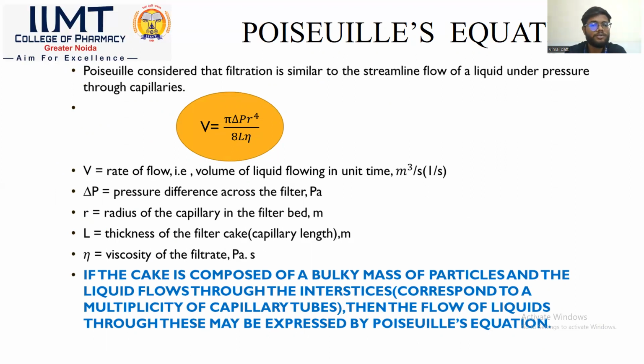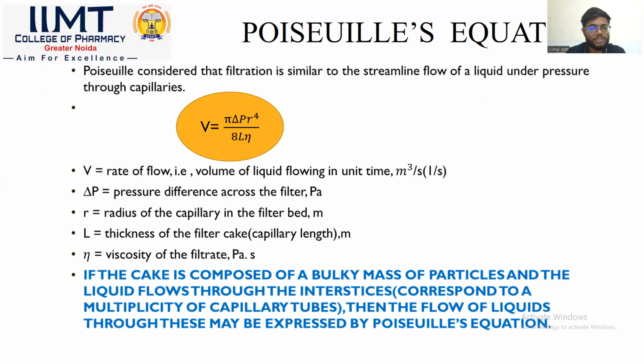In this equation, V denotes the rate of flow, that is the volume of liquid flowing in unit time, expressed in meter cube per second or liter per second. Delta P is the pressure difference across the filter paper. R is the radius of the capillary in the filter bed. L is the thickness of the filter, the capillary length.